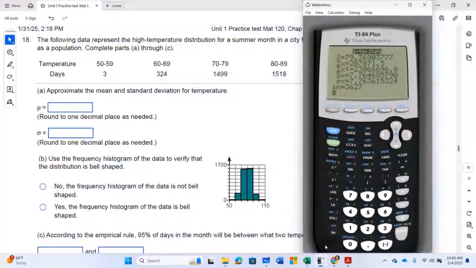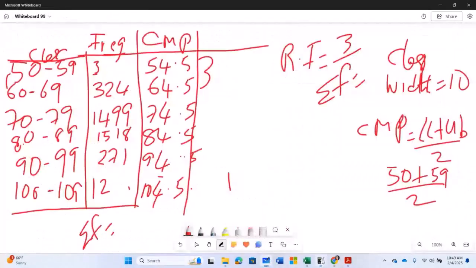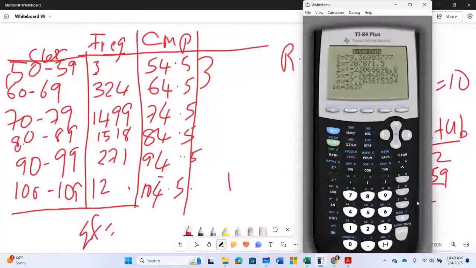So the mean to 1 decimal point of this data, according to my calculation, is 79.4 approximately. That's the mean. And we are told that this data is a population. Therefore, the standard deviation of this population is 7.8.